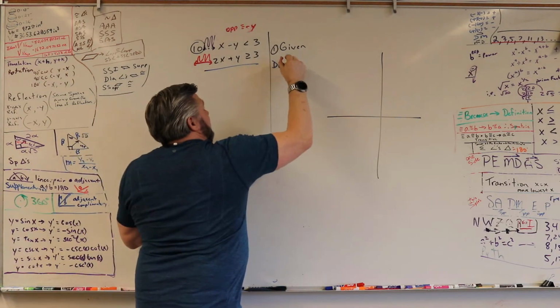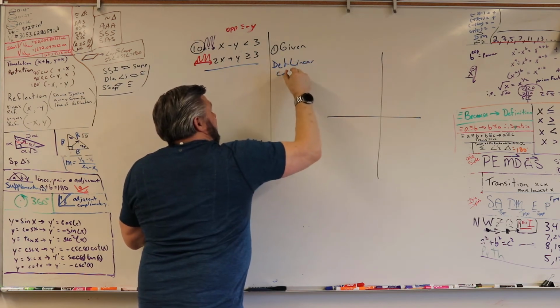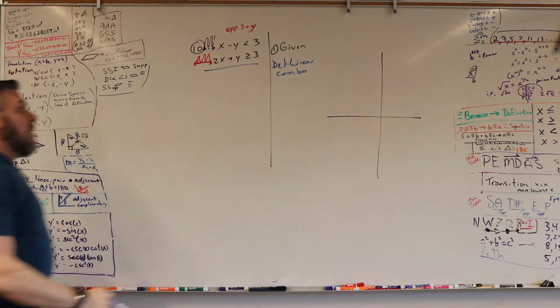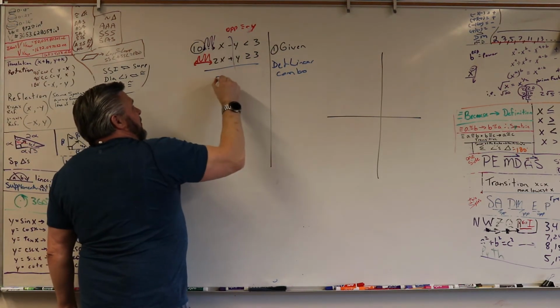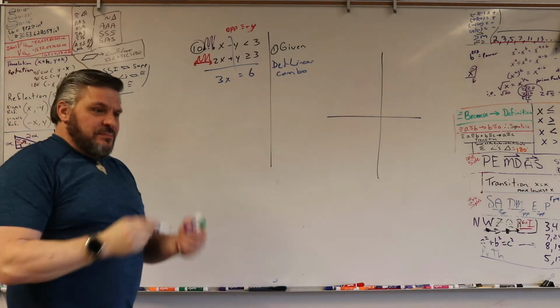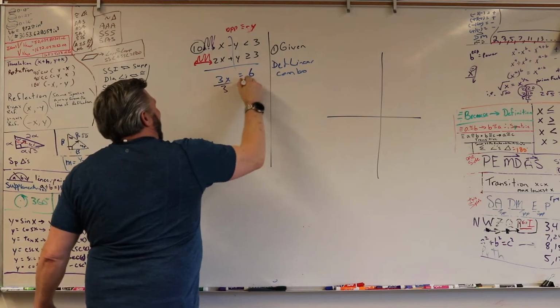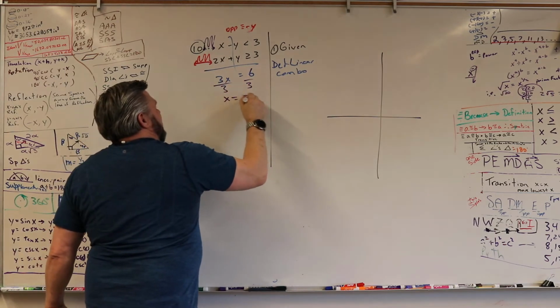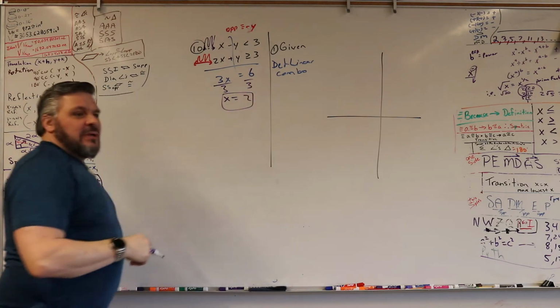Definition of what? Linear combination. Good job. Okay, so these cancel. Boom. These become 3x equals 6, right? And then you do what? Divide, x equals 2. What's that stack?